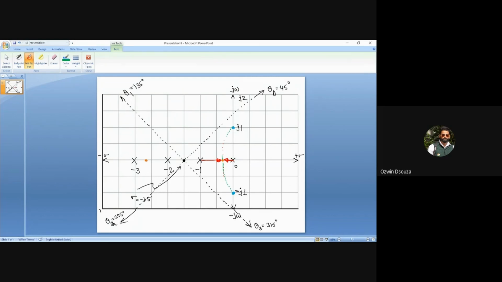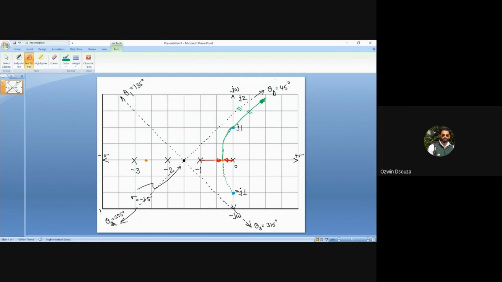You can draw, and then you will have to bend the root locus branch along the direction of the asymptote. You see, your first asymptote is moving in this direction. So let me bend the root locus branch along the direction of the asymptote. Remember one thing, your root locus branch should be parallel to the asymptote. Let me draw it with a thick line.